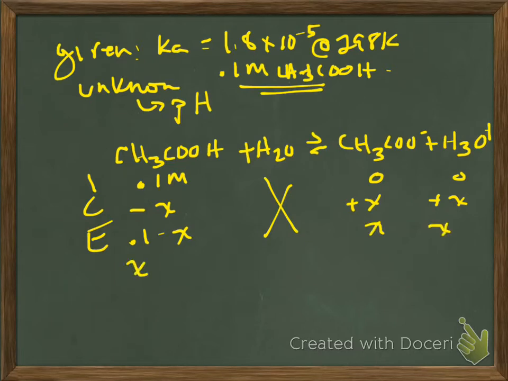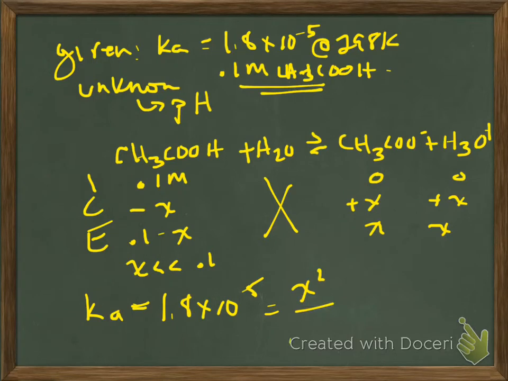We're going to assume that x is much smaller than 0.1. Your Ka, you know the expression from before, that's 1.8 times 10 to the negative fifth. That's equal to x squared over 0.1.